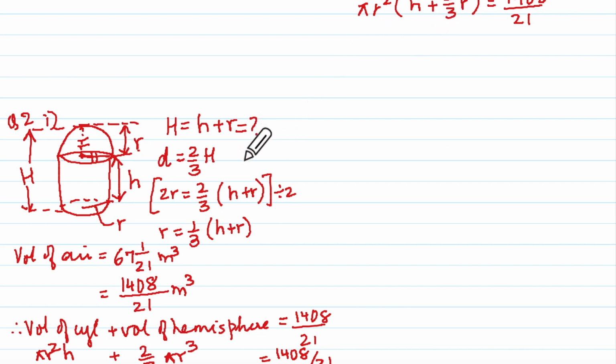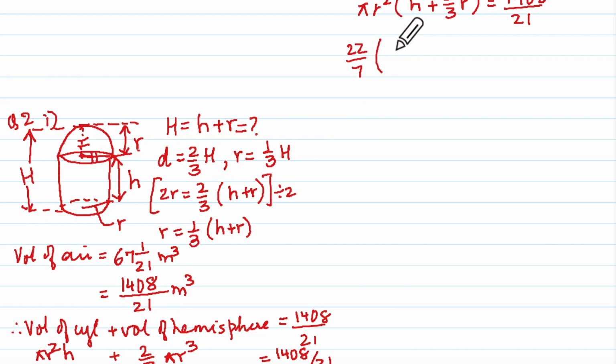I forgot now how I did this. So 22 upon 7 into, if I say how about using r equal to 1/3 h? We have to find capital H, right? Yes, ma'am. So can we write for r 1/3, because H we have to find, no?